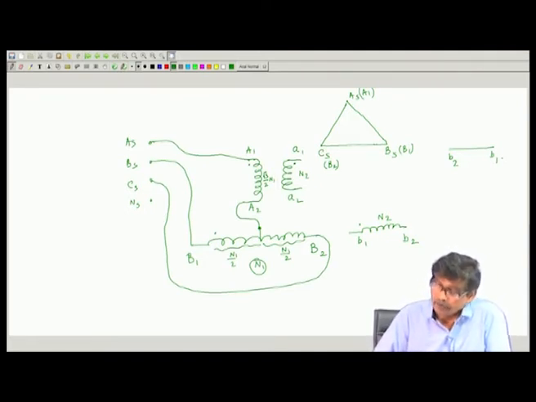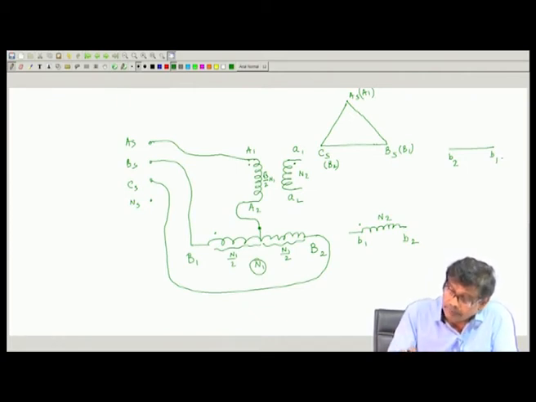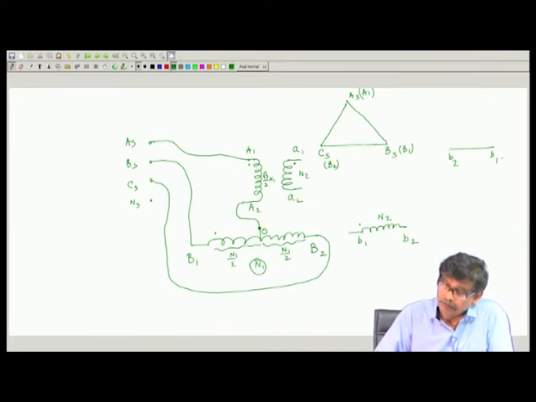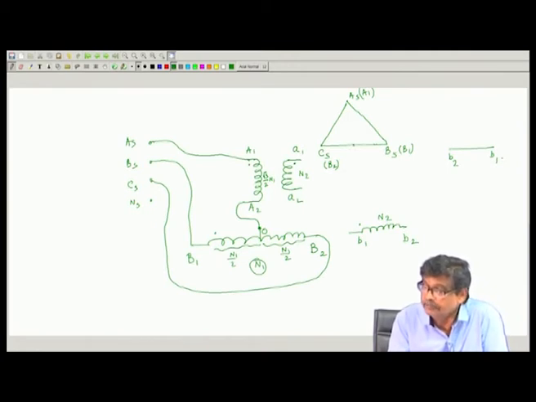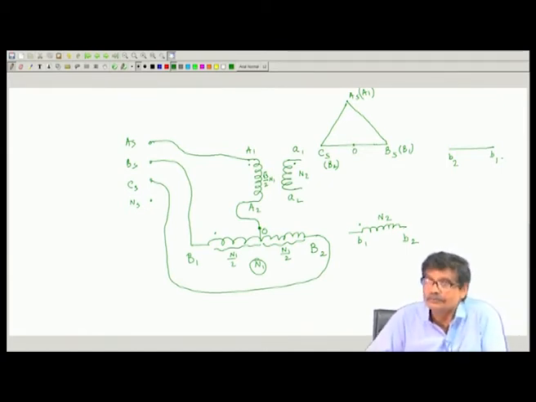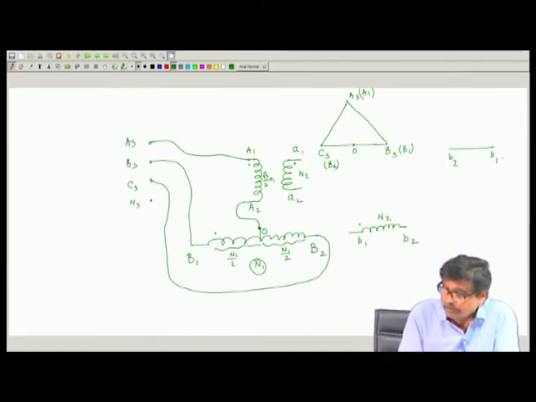Now, the question is what is the voltage applied, and this point I will call O, where the 50% tapping has been taken. Where is this point O in this phasor diagram? It must be at the middle point. O lies here, because if you move half of the voltage from here you get O. The total voltage is VLL, so VLL by 2 will come here.